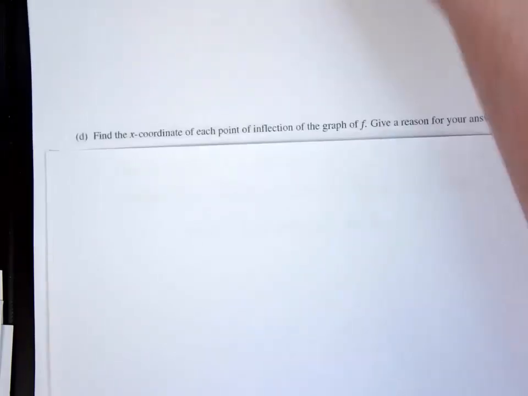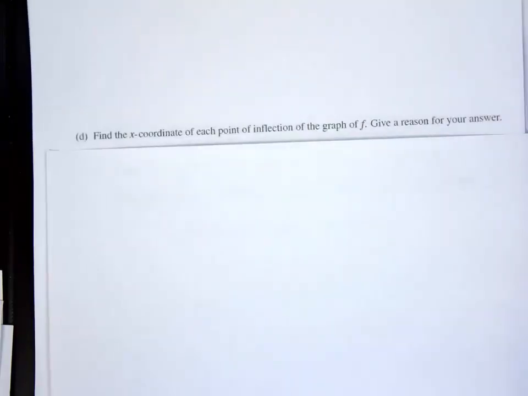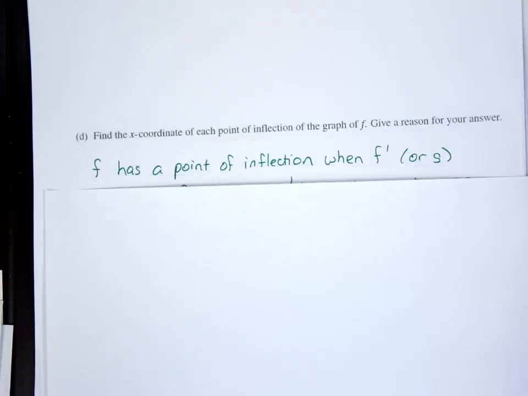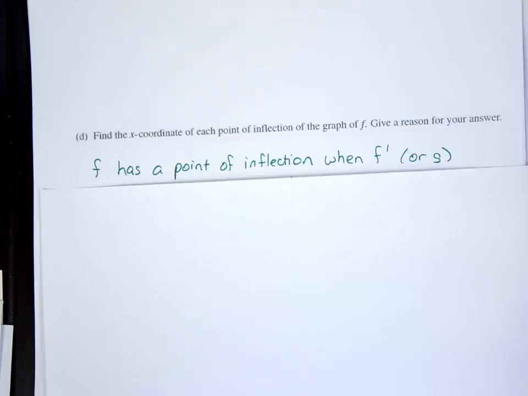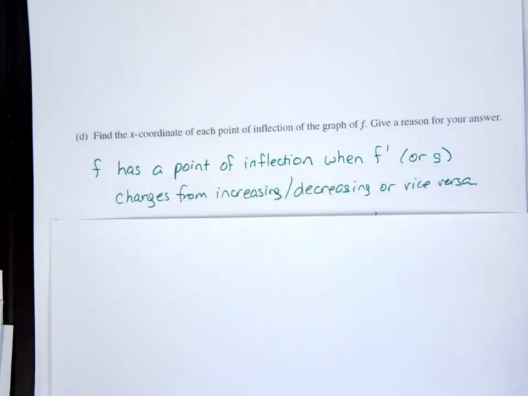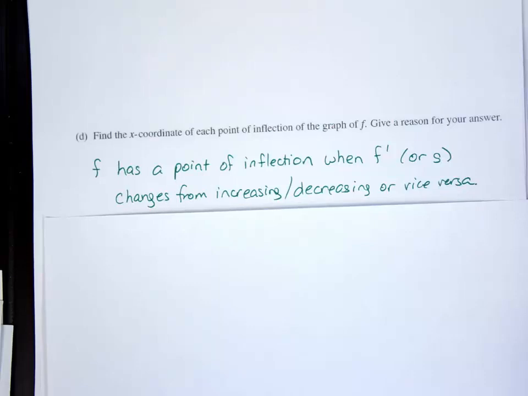And then finally, letter D: find the x-coordinate of each point of inflection on the graph of f. Give a reason for your answer. Now once again, we have to justify f with f prime. So f has a point of inflection when f prime, or g, does what? It changes from increasing to decreasing or vice versa. So let's take a look at this graph one more time.